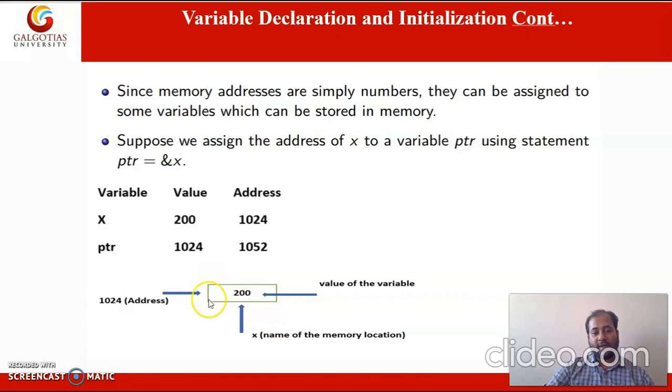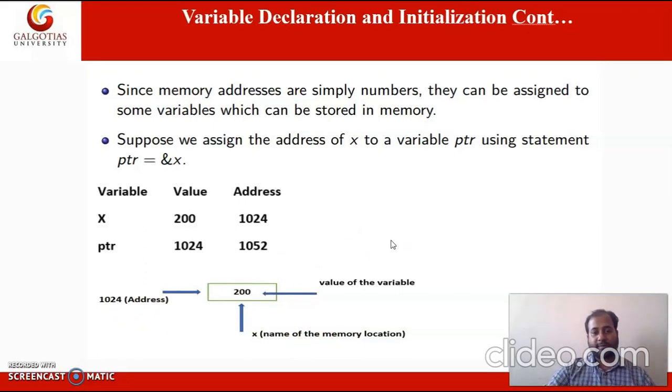So here in the block you can assume that this is the memory, and inside the memory we are having 200, and here we have given name of that memory location to x, and address is 1024. Okay, so three things are involved while declaring the variable.